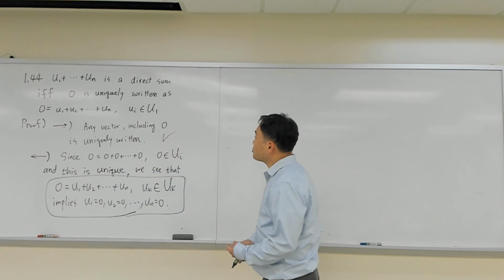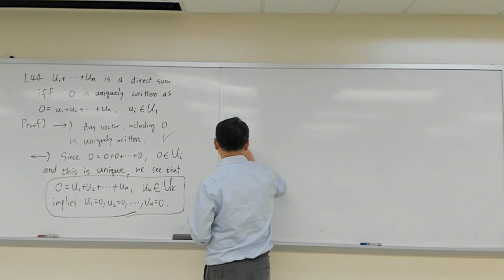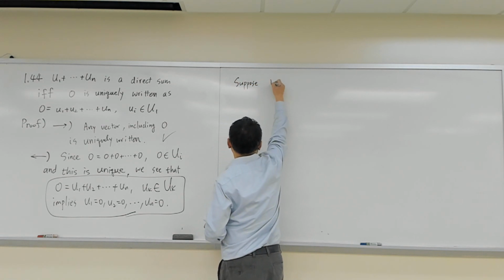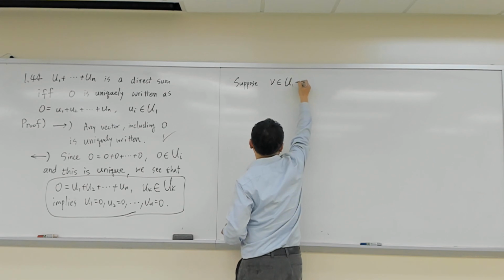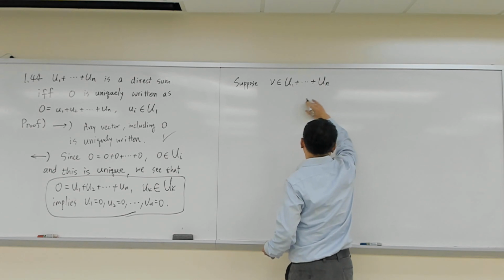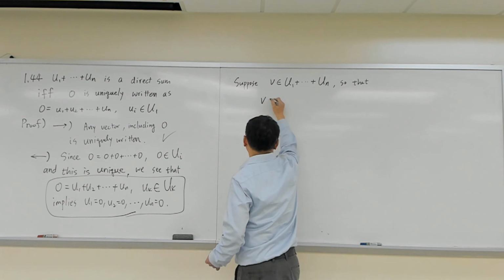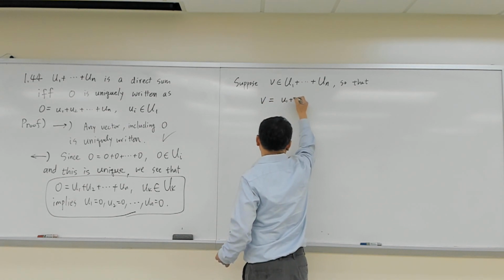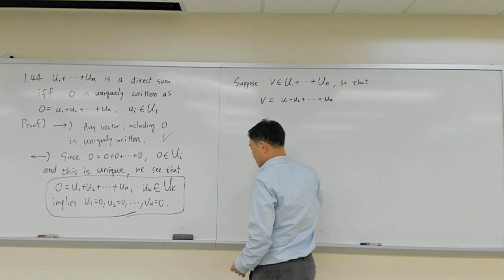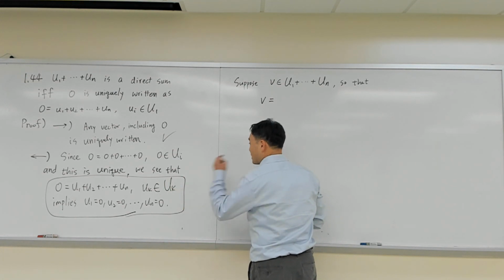Well, now let's try to prove that this is a direct sum. How do you show that that's a direct sum? Suppose v is in u1 plus ... un, so that v is equal to u1 plus u2 ... un. I want to use this, so let me rewrite it.